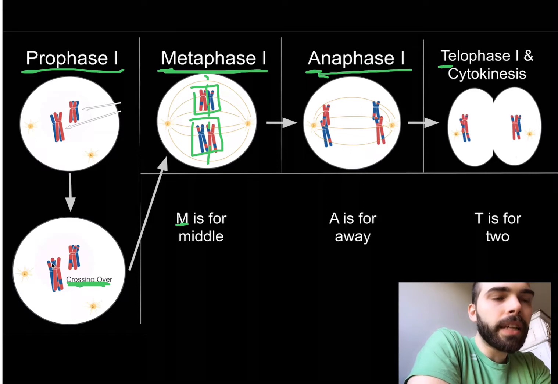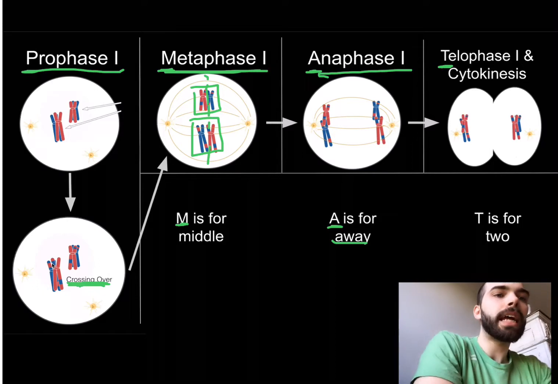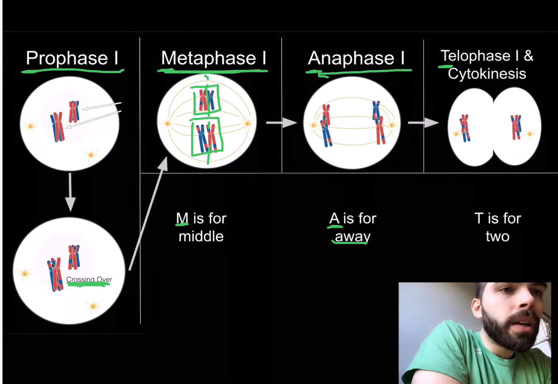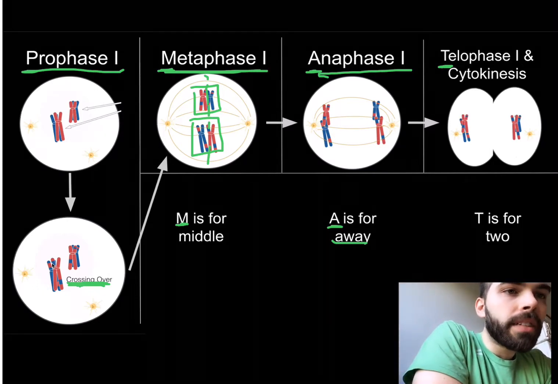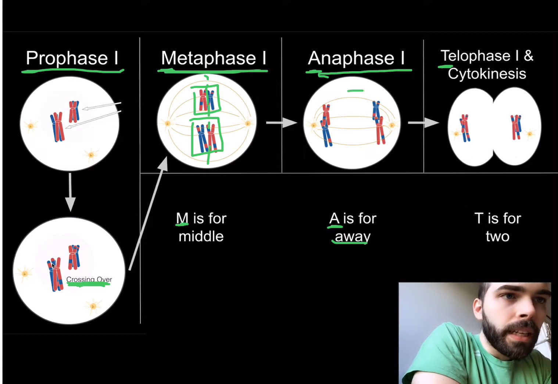And then during anaphase, the homologous pair gets separated. We say A is for away, anaphase starts with an A, so the homologous pairs move away from each other, they get separated. And they move to the sides of the cell.